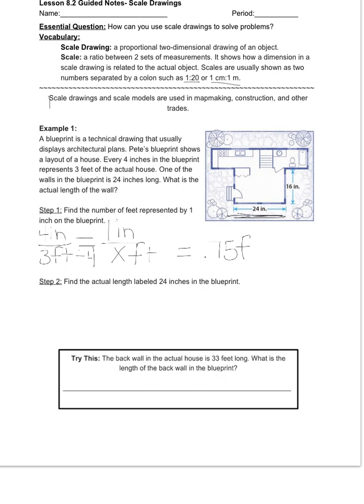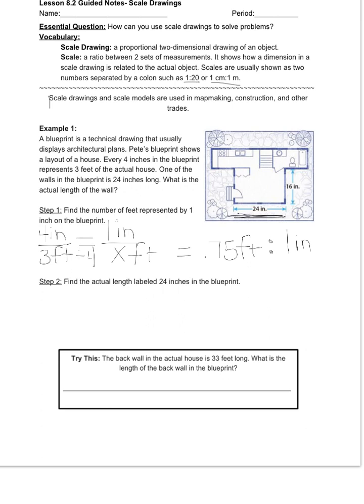So 0.75 feet, or 3/4 of a foot, equals 1 inch in this blueprint. Using this scale, and I'm going to actually modify my scale here and use an equals sign there. So we know that 0.75, or 3/4 of a foot, is equal to 1 inch in the blueprint.